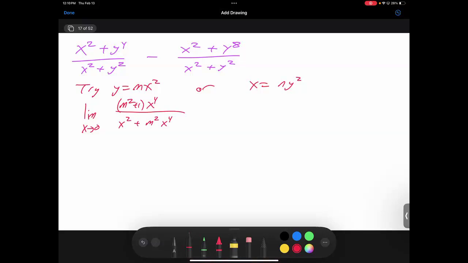What's that going to go to? So all of those parabolas, it's going to go to 0.